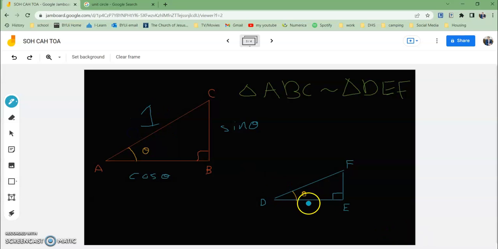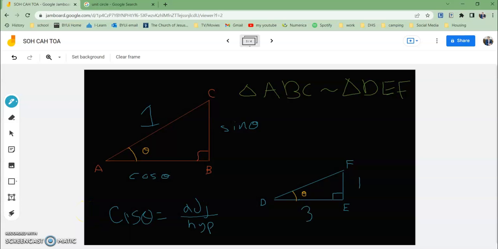So let's see Sohcahtoa in action. What that means is that the cosine of theta is going to be the adjacent over the hypotenuse.